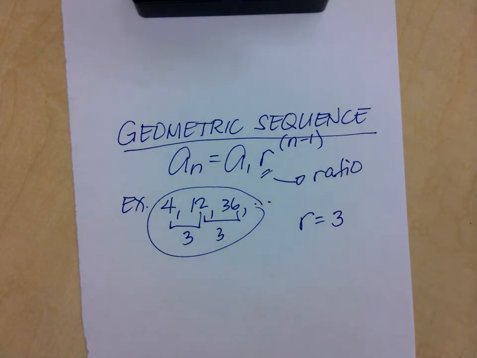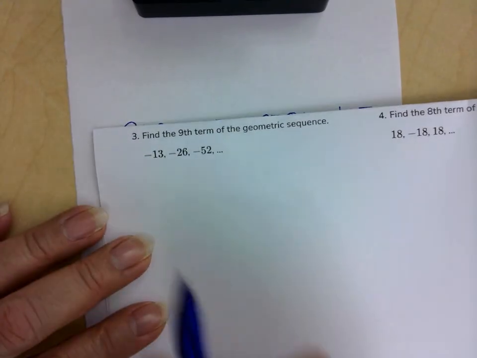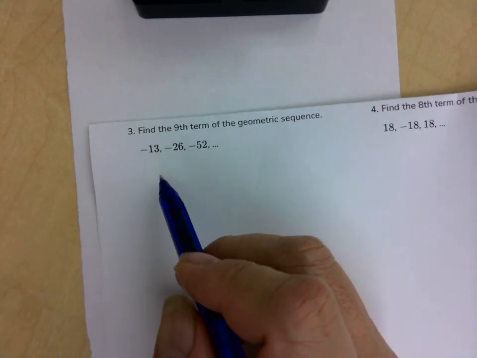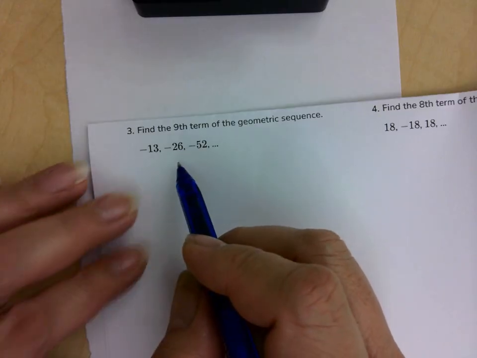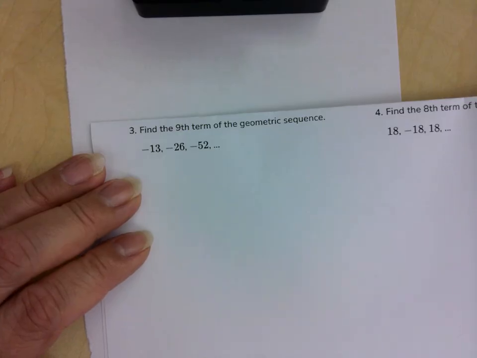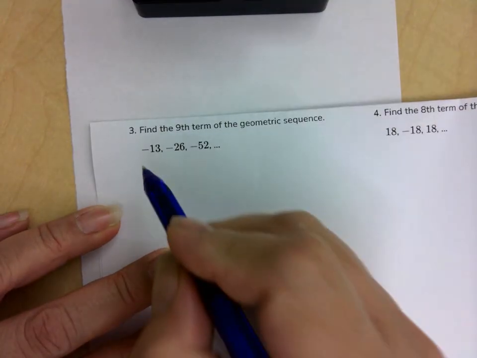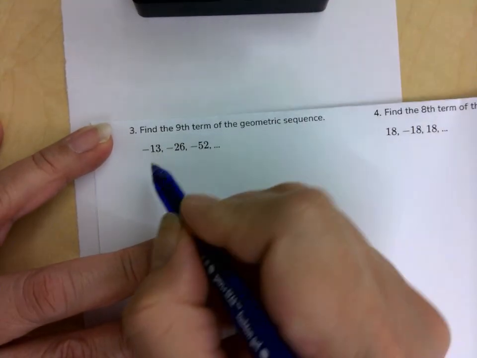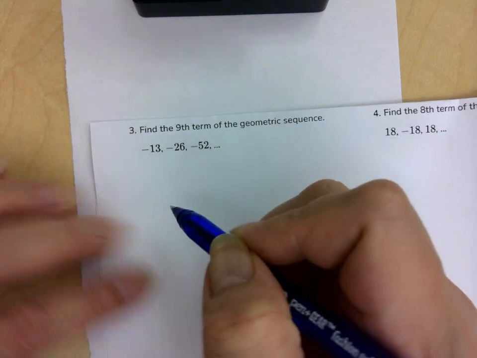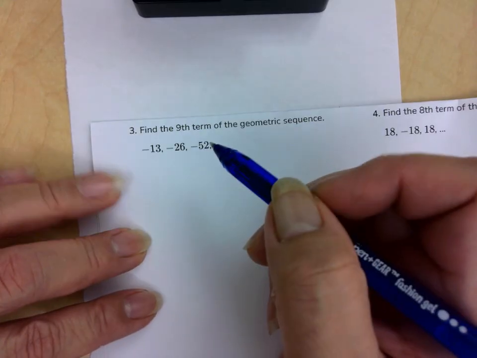So let's have another example. What if we have negative 13, negative 26, negative 52? What do you think happened? The 13 becomes double, right? Because when you multiply 2 to 13, it becomes 26. How about 26?